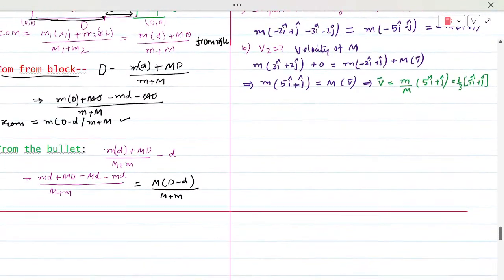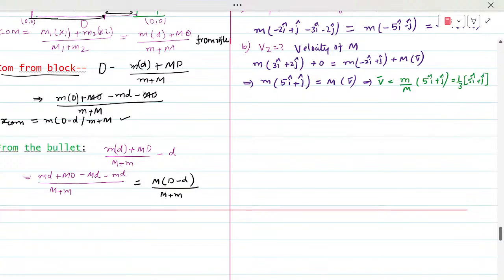And they can ask kinetic energies also. Kinetic energies means velocities came, you will find the magnitudes, and then find the kinetic energies. So the kinetic energy gained by capital M is equal to the kinetic energy lost by the first particle. Next question: kinetic energy gained by capital M, the stationary particle, is equal to the kinetic energy lost by, or retained.